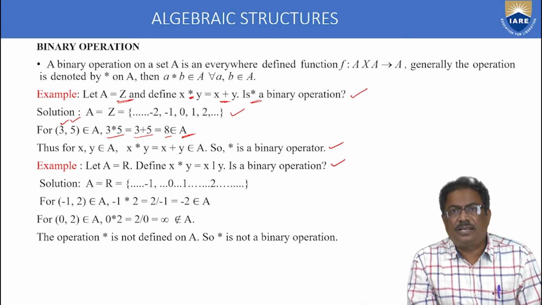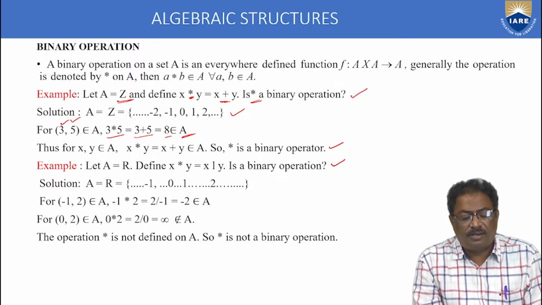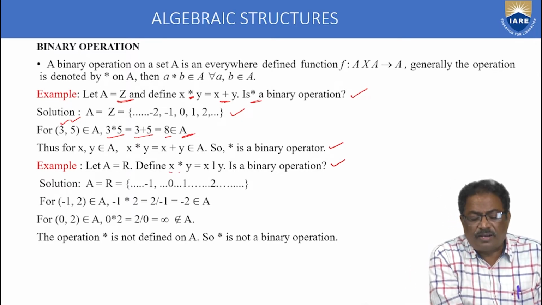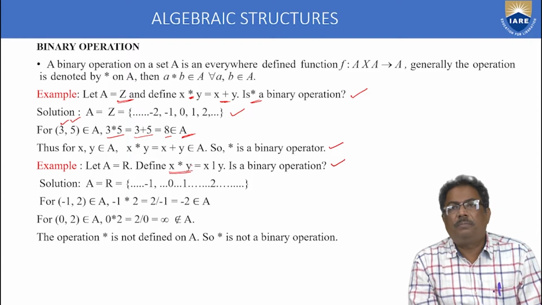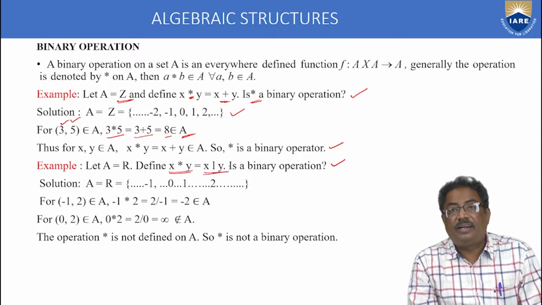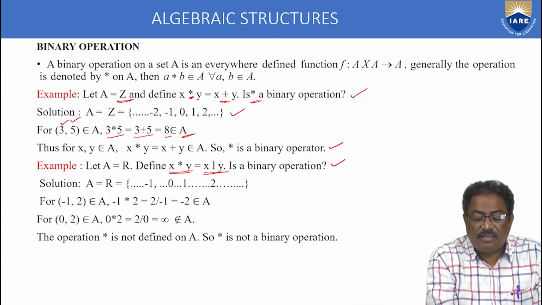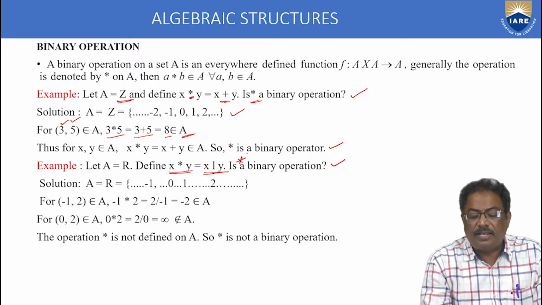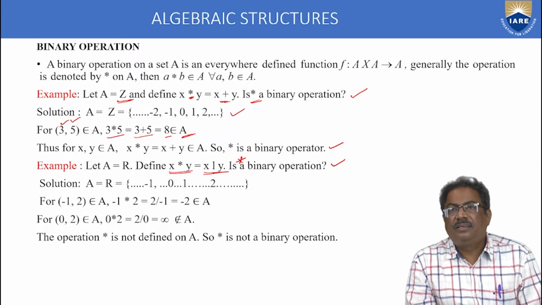A is the real number system, and the relation between two elements is x star y equals x divides y. Is star a binary operation or not? Here we have to consider any two elements.